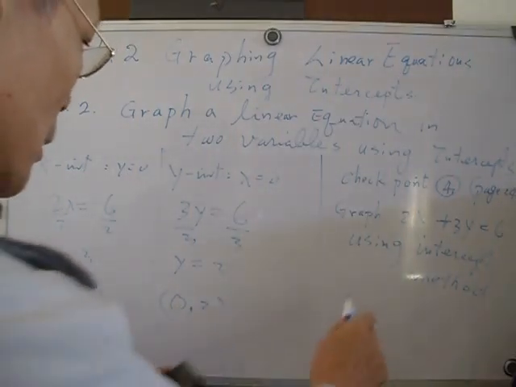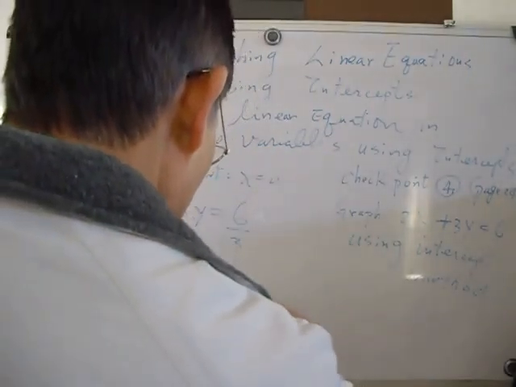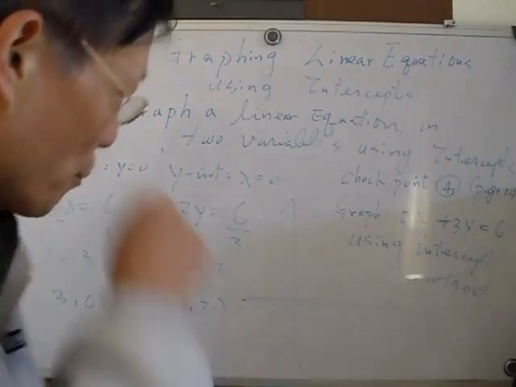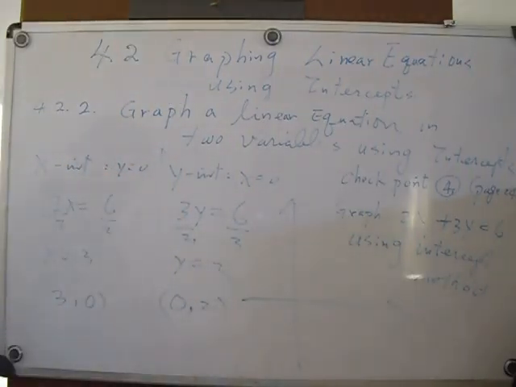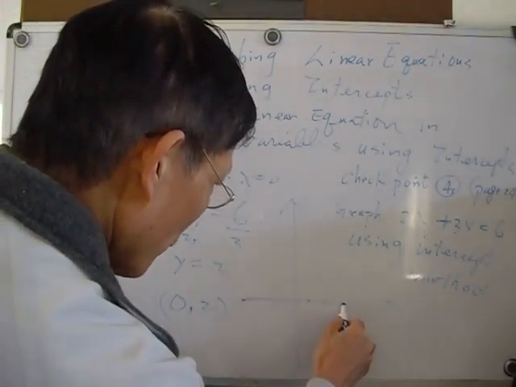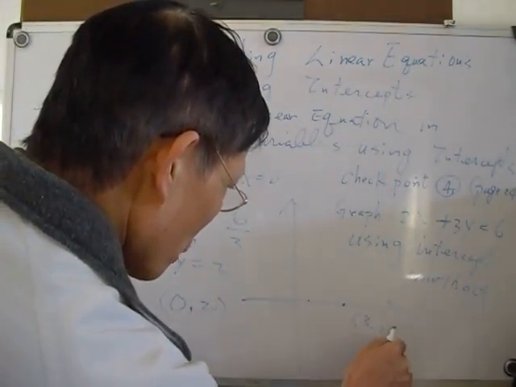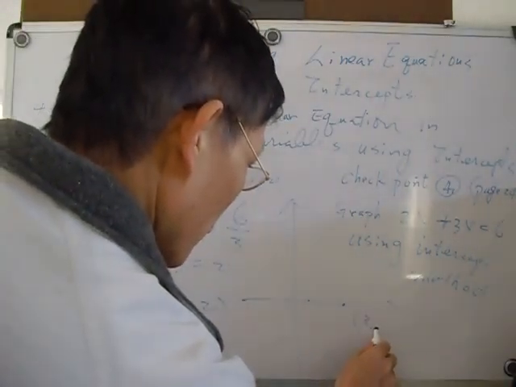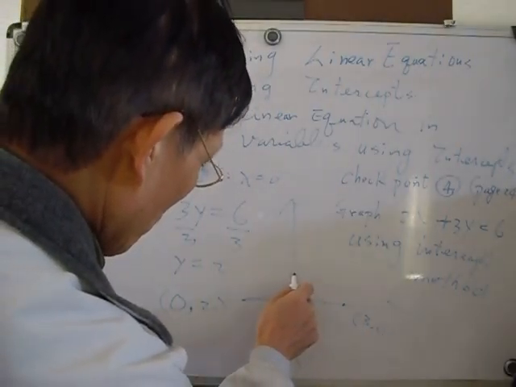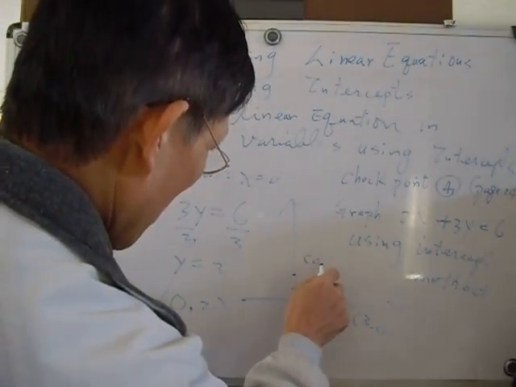Then you are graphing it. With the specific requirement of using the intercept method, you have to label these two points there. 1, 2, 3, label, meaning put a point there. 3, 0, and the y-intercept 0, 2, positive 2 here.